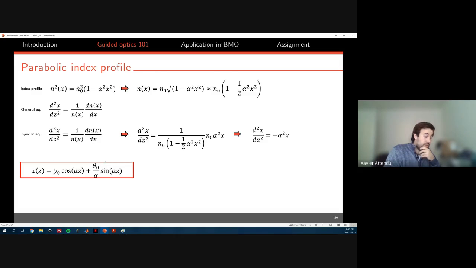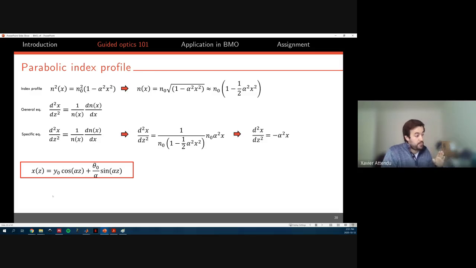What's interesting here is two things. The first is that if you have this particular parabolic profile, your rays of light are no longer straight lines. They're now sine and cos waves. I'm not saying that light is a sine wave in terms of the variations of the electrical field.